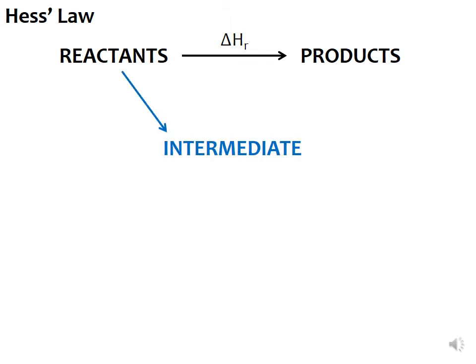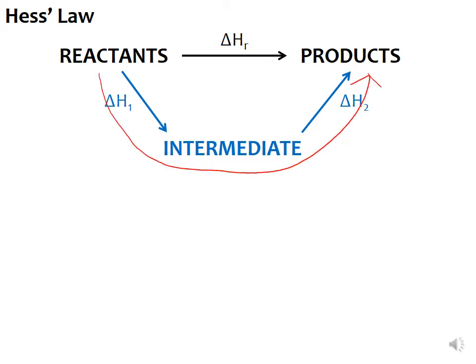Now, we said that the reactants formed an intermediate, and I'm going to call that delta H1 just for this purpose. We also said that the intermediate could form the products, delta H2. So what we've got here is two routes to go from reactants to products. We can go directly from the reactants to the products, following that simple route, or we can go via this second route, which is slightly longer but might have a higher rate of reaction.